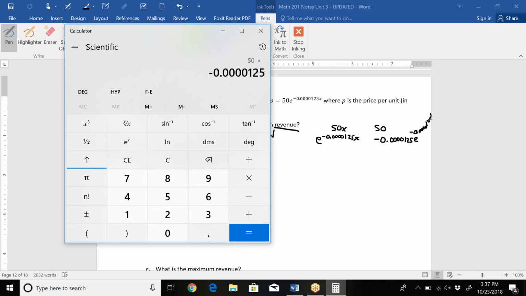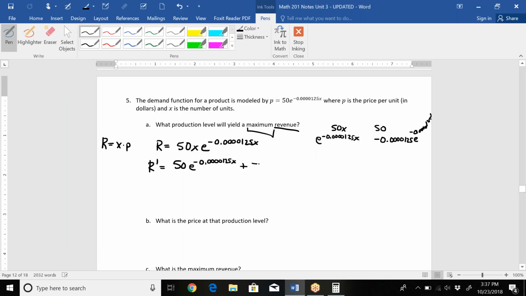And that's going to be negative 0.000625x, because of that x right there, and then our e to the negative 0.0000125x. So the hard part about this problem is just saying all those zeros.